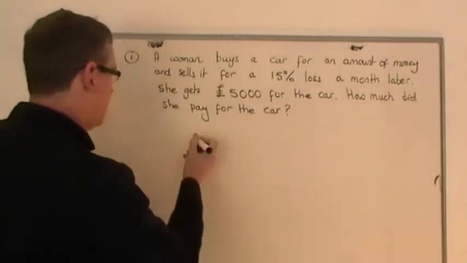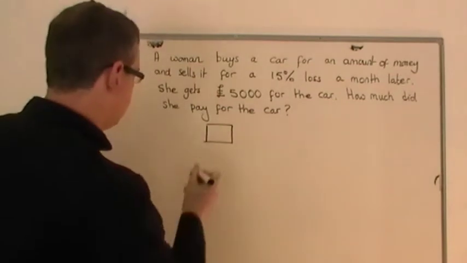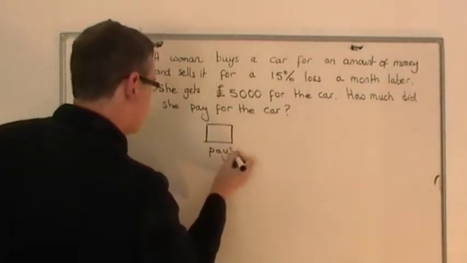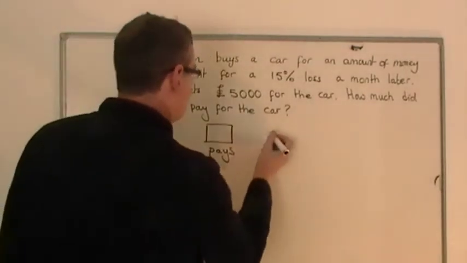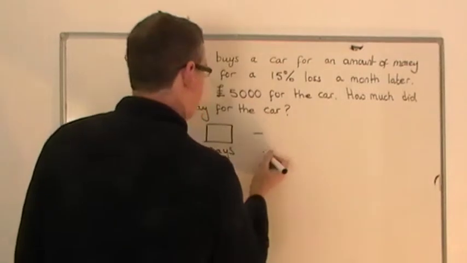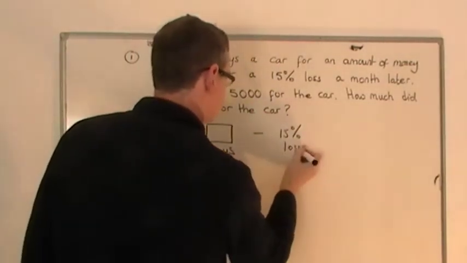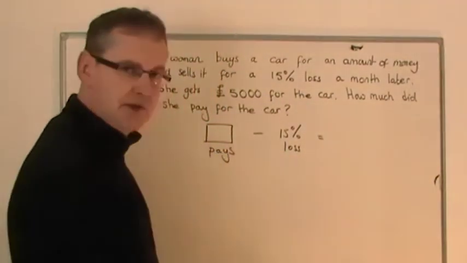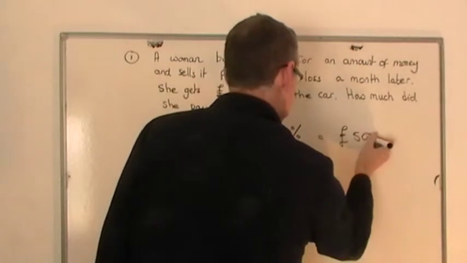Just watch this. The woman is paying a certain amount of money. Now, what is happening? She's making a loss. So take away a 15% loss, and what is left will be the £5,000 that she actually receives.